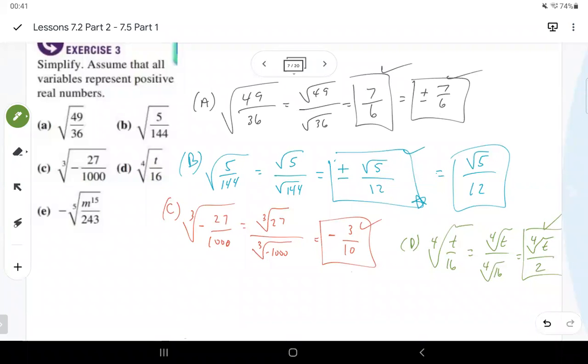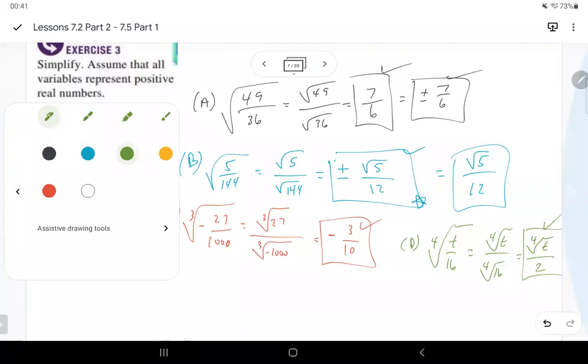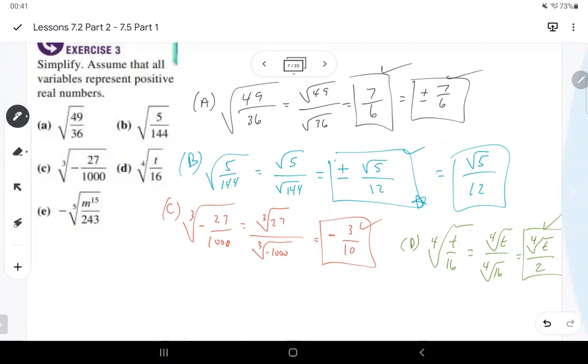Okay, so the last one here is E. We have a negative on the outside, and we would write it as the 5th root of m to the 15th over the 5th root of 243. Now, notice over in D, the 4th root of t would have just been t to the 1/4.